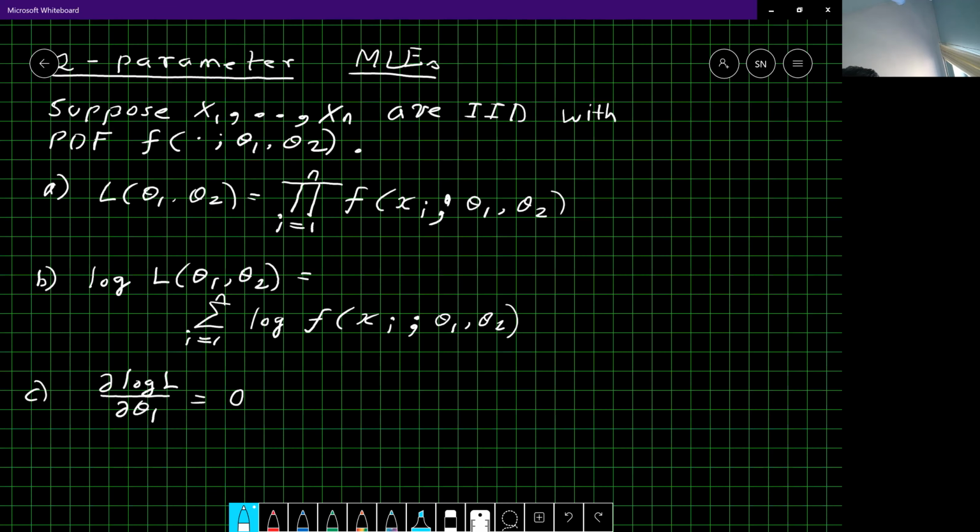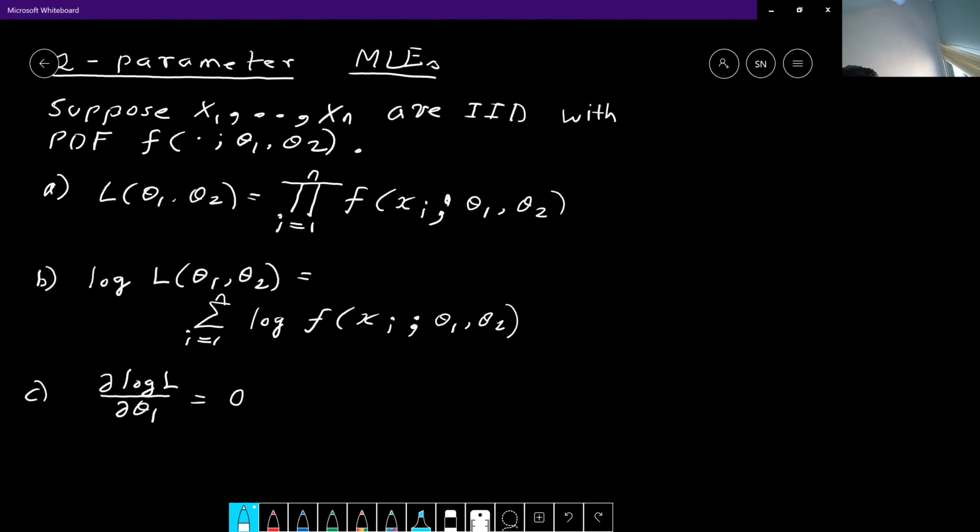So you need to do the partial differentiation with respect to theta 1 and with respect to theta 2 and set them both to 0.